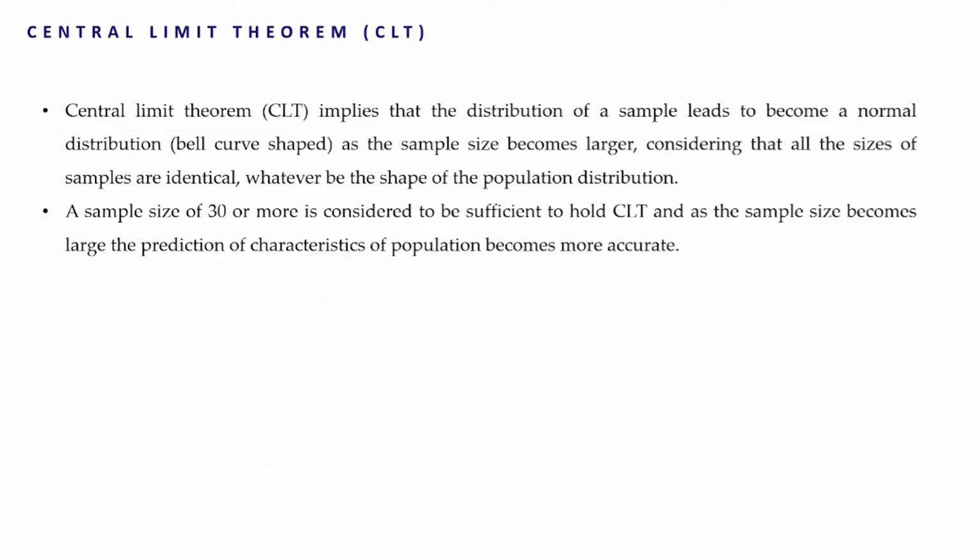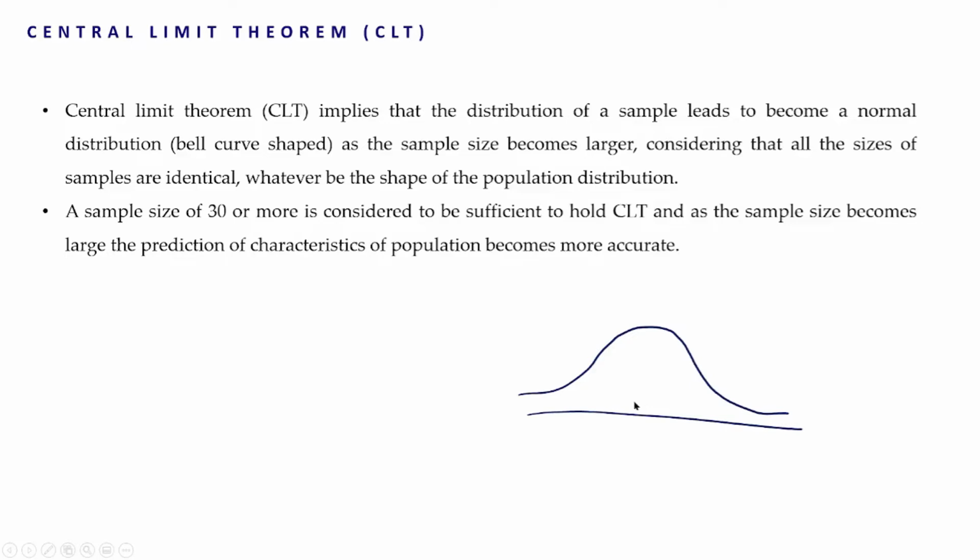Now moving on to the central limit theorem. This is a very important theorem in statistics. The central limit theorem implies that the distribution of a sample tends to become a normal distribution as the sample size becomes larger, considering that all the samples are of identical size, whatever be the shape of the population distribution. Now, if we remember the normal distribution curve, it is a bell-shaped curve.